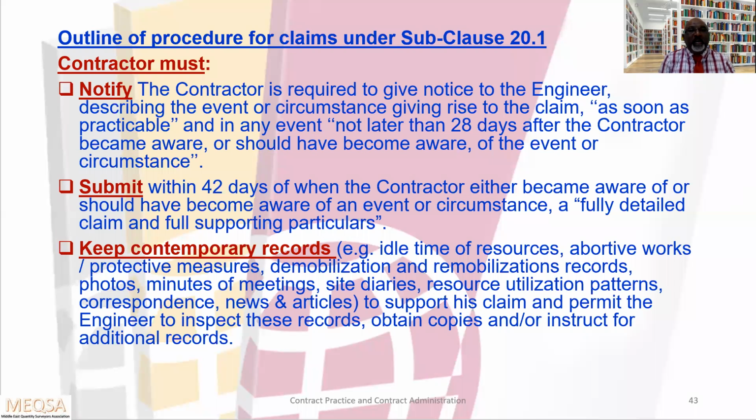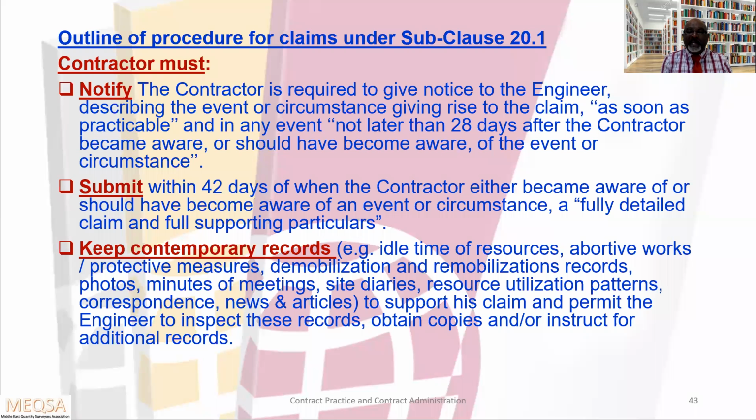Now let us move to the outline of procedure for claims under subclause 21. Here you can see the contractor must notify, submit and keep contemporary records. So I have given small narratives for each and every activity because there are 3 activities here: notify, submit and keep contemporary records.